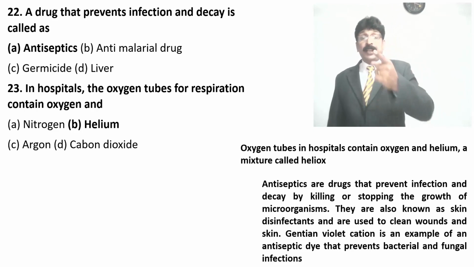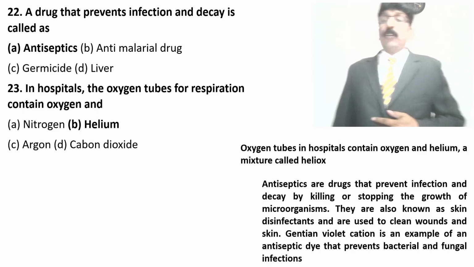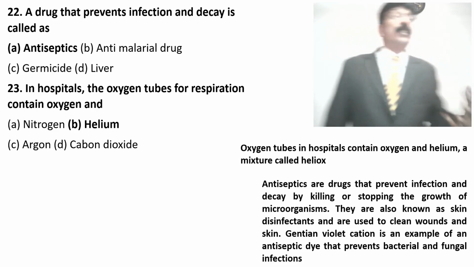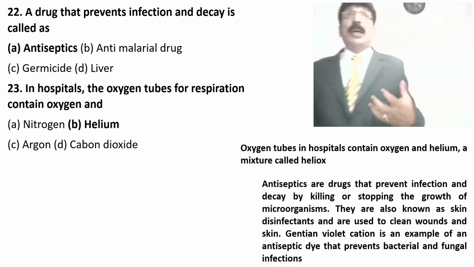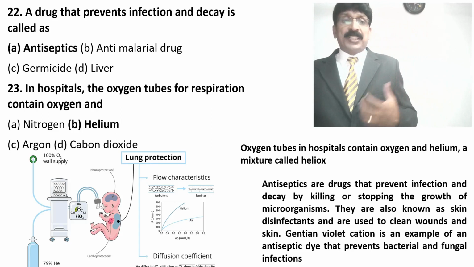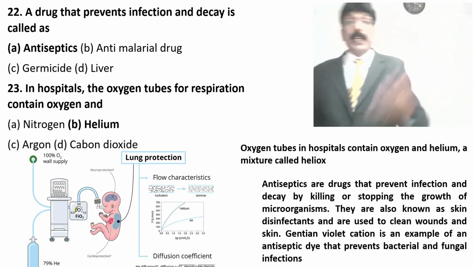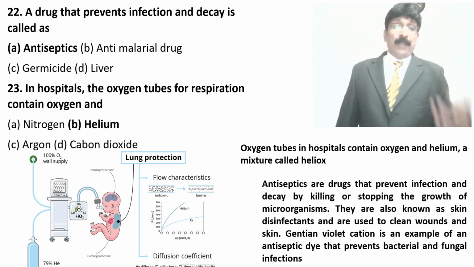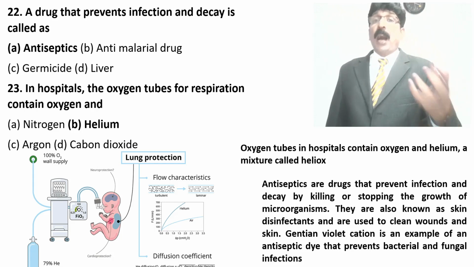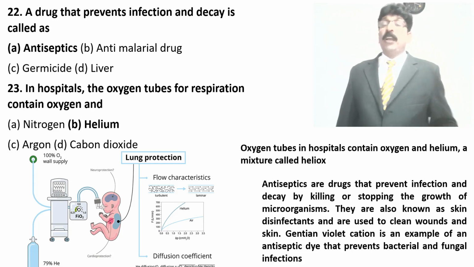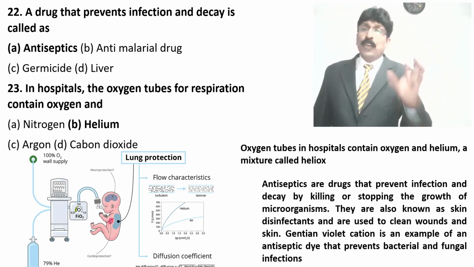In corona, most of the patients needed oxygen for the suffocation; anoxia patients need it. Even for the child in the picture I have shown here, lung protection can be given by supply of FiO2. FiO2 is the symbol denoting the oxygen content.